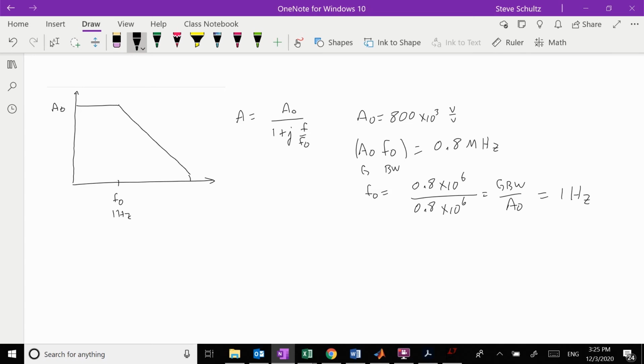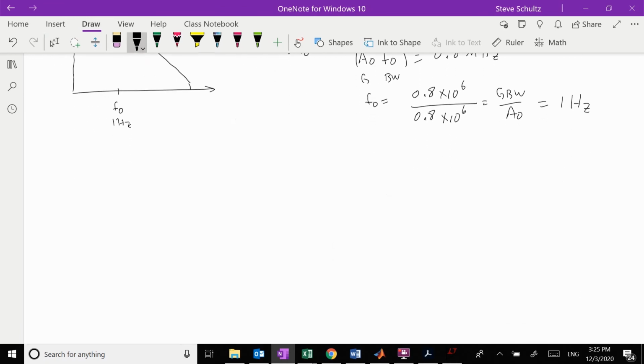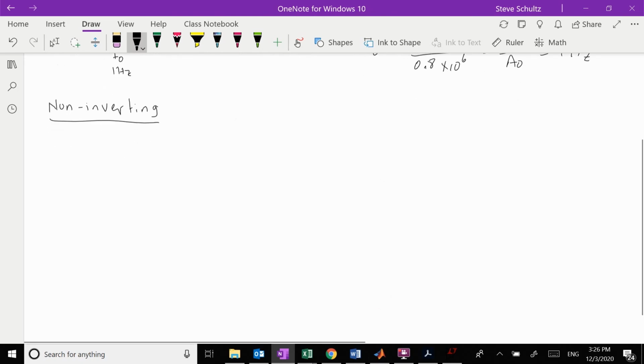Okay, so now that we have this, we're going to take this op amp that has a very high gain but very low frequency corner and build it into one of our standard op amp stages. So we're going to start with a non-inverting configuration. So from 240, let's build up our non-inverting configuration.